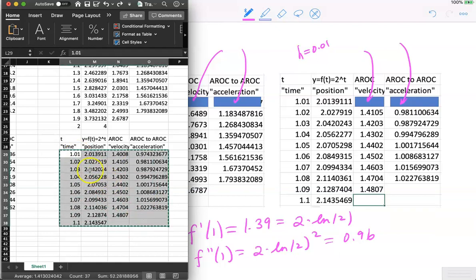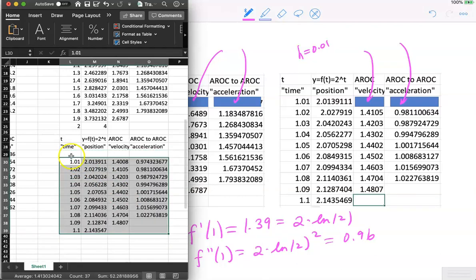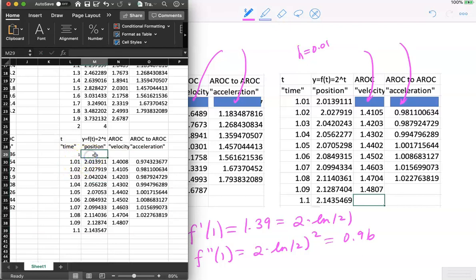Control C. Control V. Now let me put 1 here. All right. Let me pause for a second and I'll fill in the table of values.